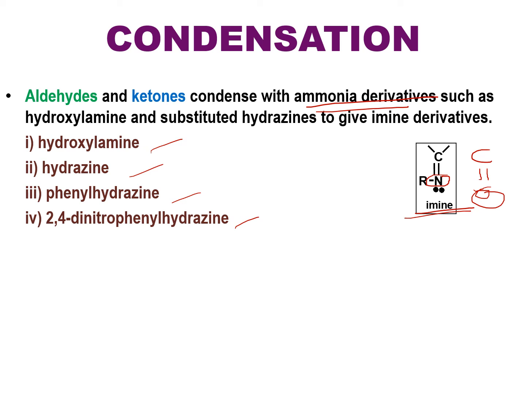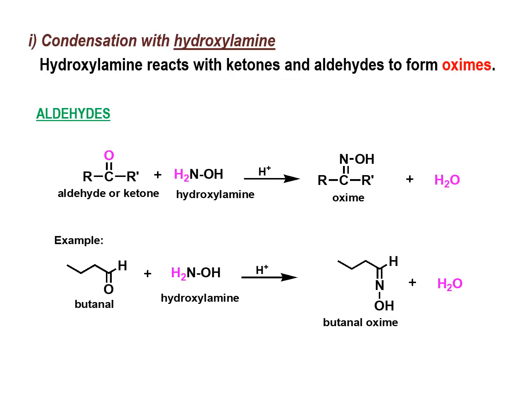Okay, so we go to the first ammonia derivative. Condensation with hydroxylamine. So when we have aldehyde or ketone react with hydroxylamine, you have OH attached to the NH2. The hydroxy comes from the OH, the amine comes from NH2. In the acidic solution, what is going to happen?